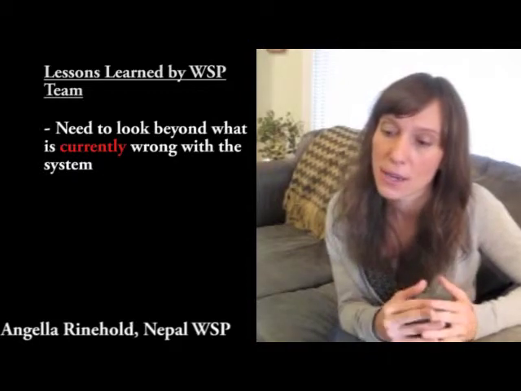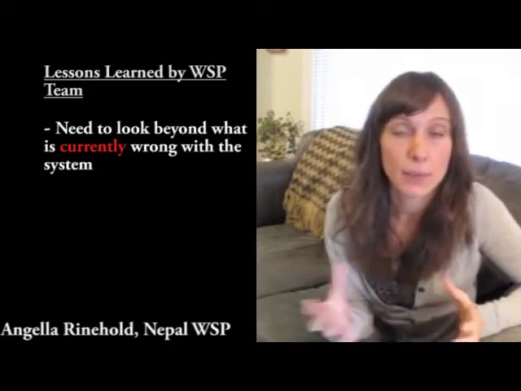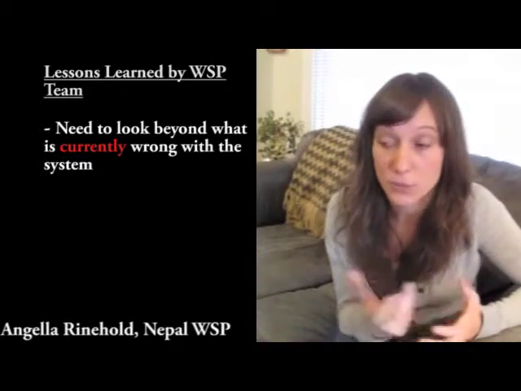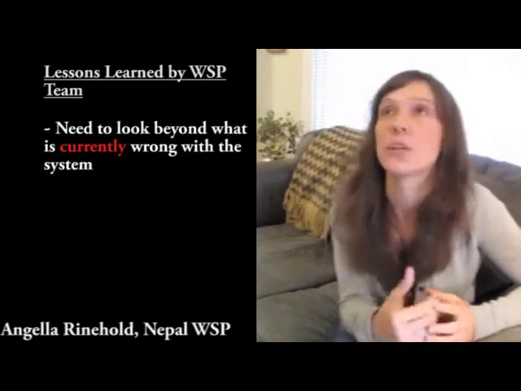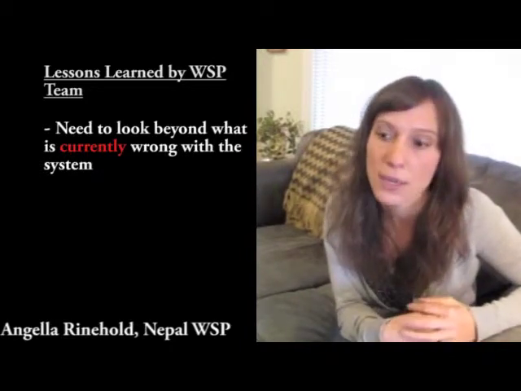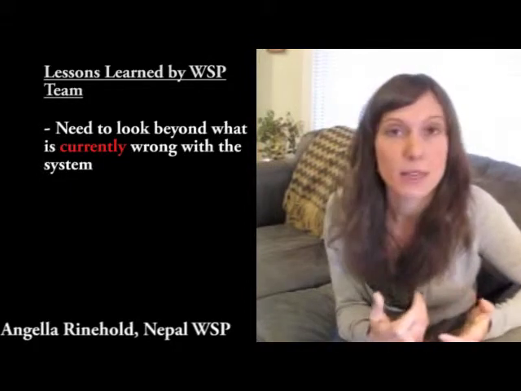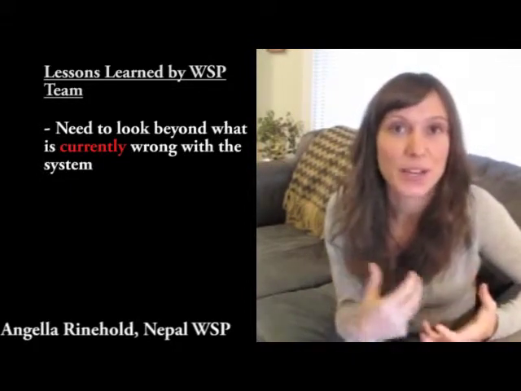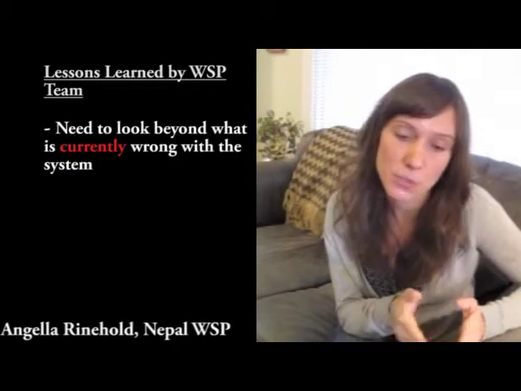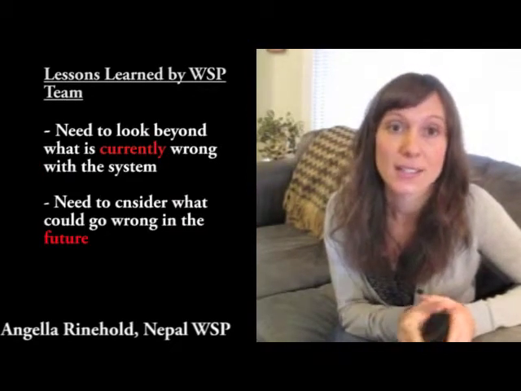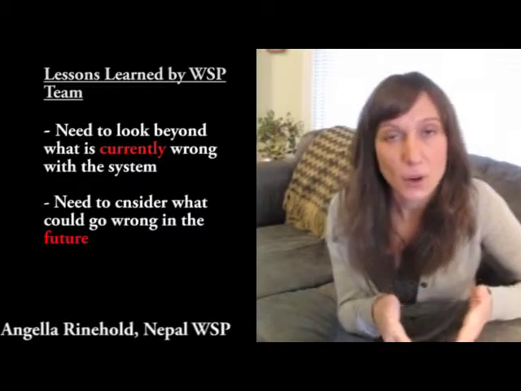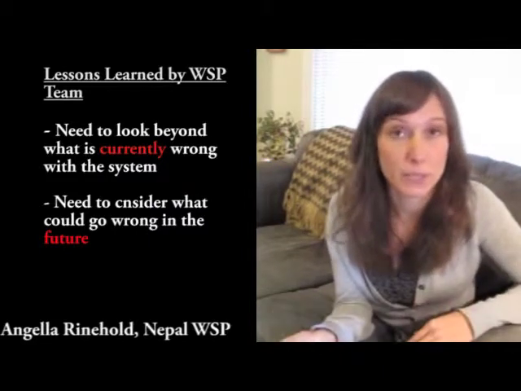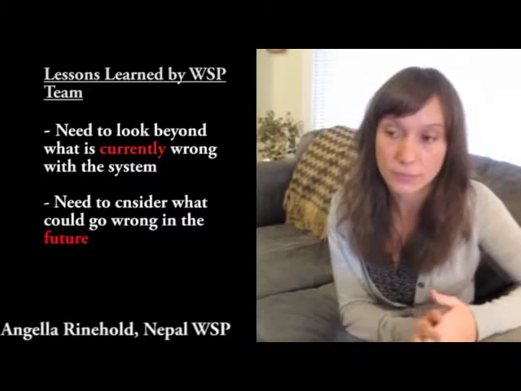For instance, exposed pipe work was identified as a hazard because it was visible during the assessment, but no consideration was given to unsafe pipeline repair practices, for instance, because that wasn't readily apparent at the time of the assessment. So it's important when conducting hazard identification to consider not only what's wrong at the time, but what could potentially go wrong in the future.